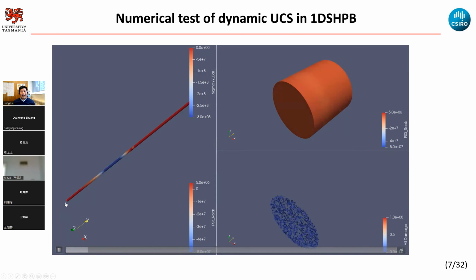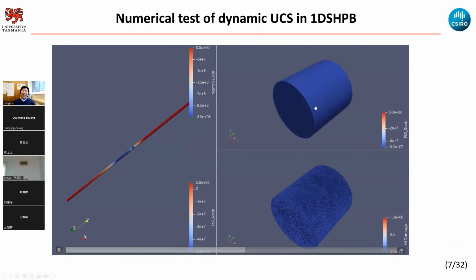We put in an impact here, then the stress wave propagates. You can see when the stress wave propagates, it is causing macro damage to the sample. When the stress wave propagates, the sample is highly loaded with stress.